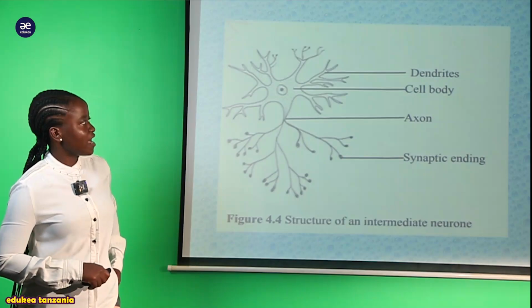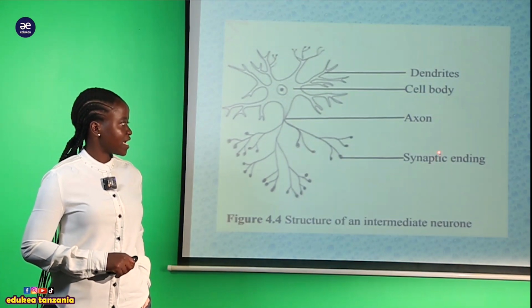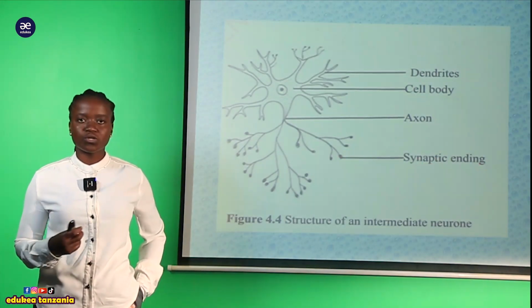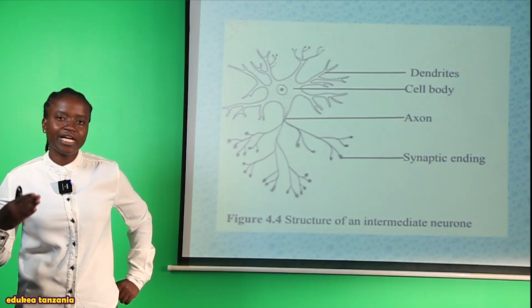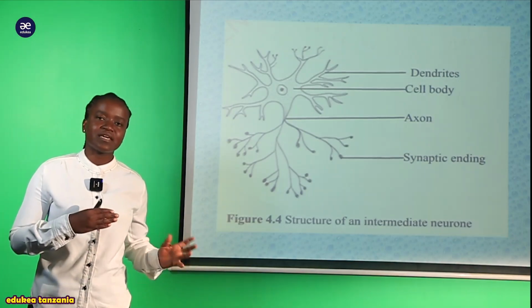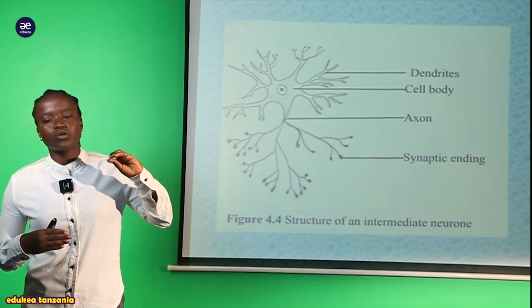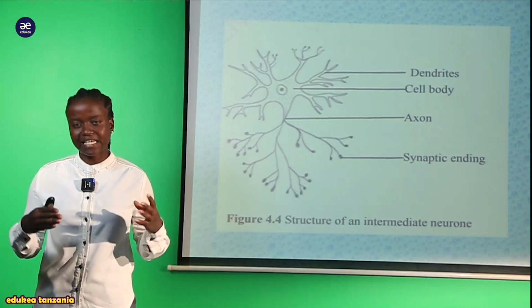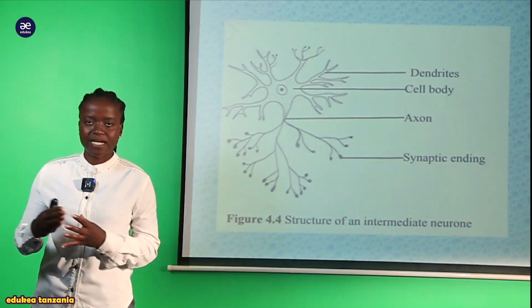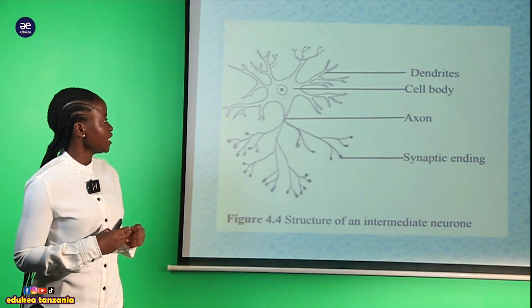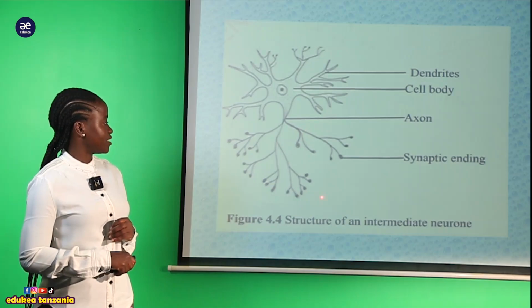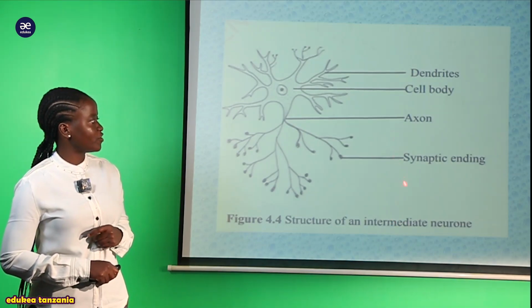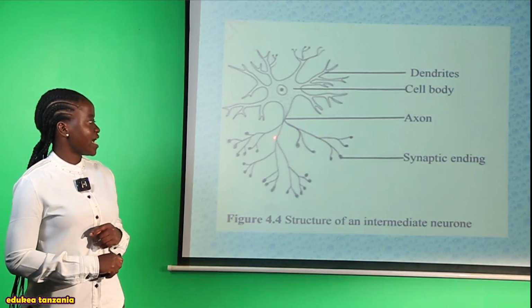As you can see, this structure has a synaptic end which connects one neuron and another neuron. It contains neurotransmitters and chemicals that transmit impulses very fast. This structure also has an axon.